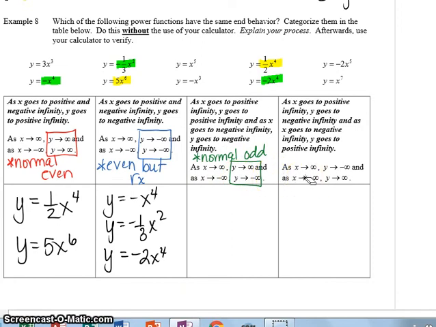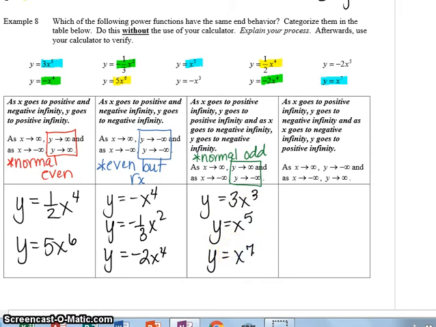Okay, so that end behavior is going to be your normal odds. So then you might say, well, what are my normal odd functions? 3x cubed, x to the 5th, x to the 7th. Anything highlighted in blue. So y equals 3x cubed, y equals x to the 5th, y equals x to the 7th.